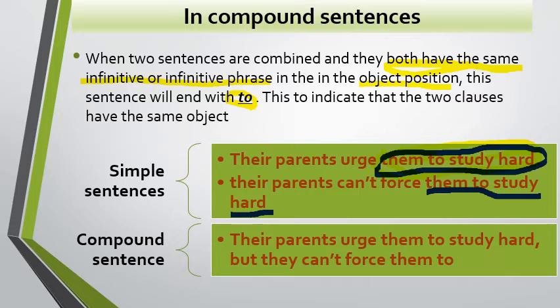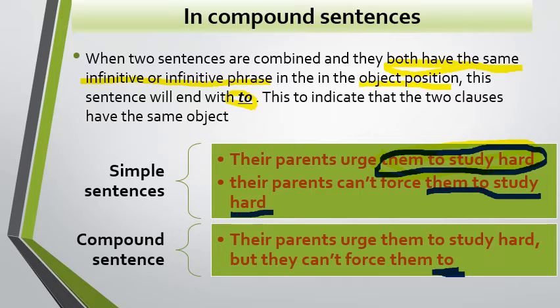Now I want to combine both of them. Their parents urge them to study hard, we keep the first sentence as it is, okay? But, this is my conjunction, they refers to their parents again. Can't force them to. Now, I didn't repeat, they can't force them to study hard.